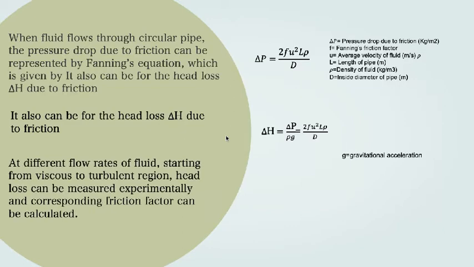At different flow rates, starting from the laminar to the turbulent region, as you guys know, when the fluid flows through the pipe, they have a parabolic flow profile. Head loss can be measured experimentally, and the corresponding friction factor can be calculated, which is what we'll be discussing here and what we have done in the experiment.